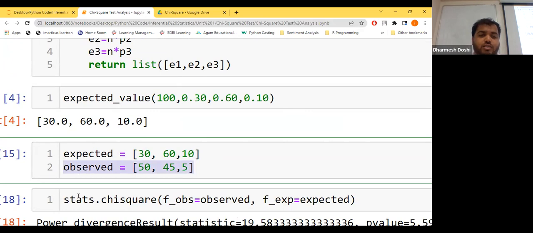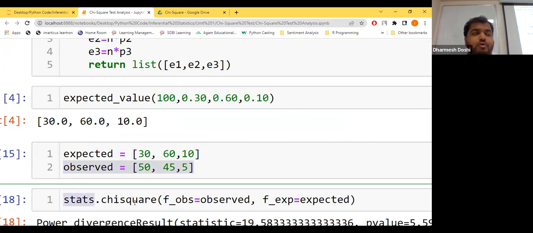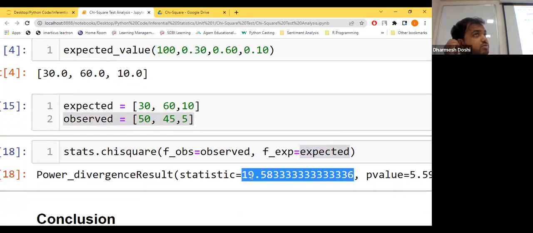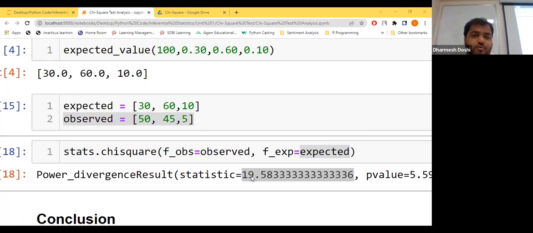So from stats, I want to perform chi-square: observed data, comma, expected data. What is the answer we are getting? 19.58. Same thing we get on pen paper, guys. Just cross check. So pen paper is just for verification. Here also, is it rejected or not?